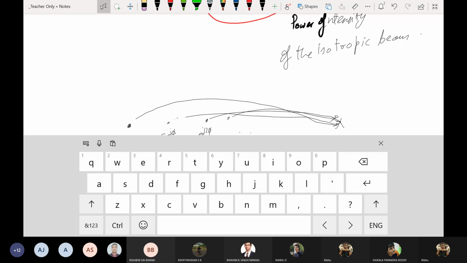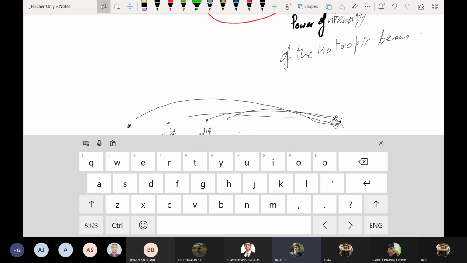If I control phi 1, phi 2, phi 3, up to phi n such that I get constructive interference at the points of my choice and destructive interference at the points of my choice, I can control the pattern of the beam.